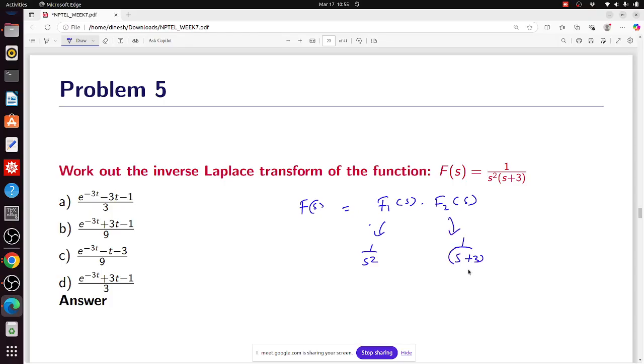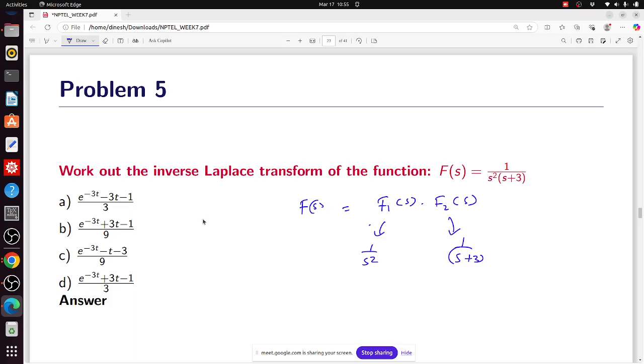By seeing this, you can apply various properties of Laplace transform. Here also we will see which property we will apply, so that we will easily get the solution to this problem. So here f1 of s is 1 by s square, f2 of s is 1 by s plus 3.